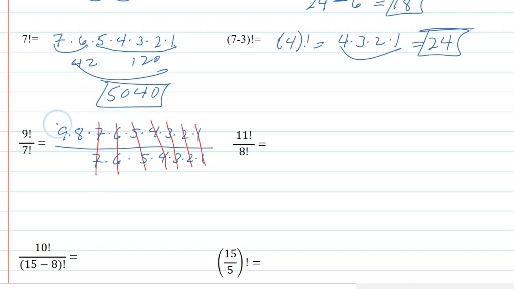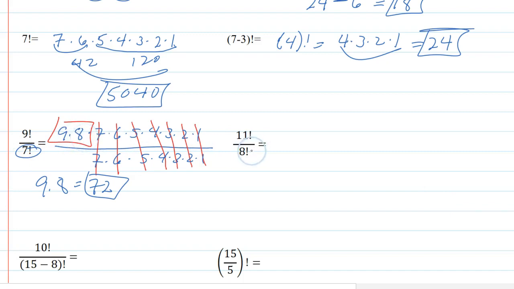You're simply left with 9 times 8. Well, what is 9 times 8? 9 times 8 is equal to 72. The fastest, easiest way is to know anything past that number at the bottom is simply going to cancel out. So I have 9 times 8 is all that's left over.